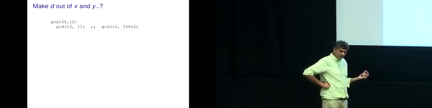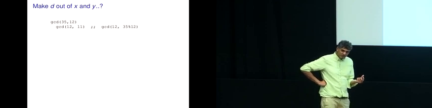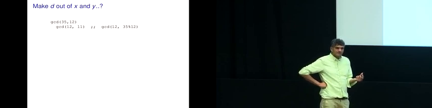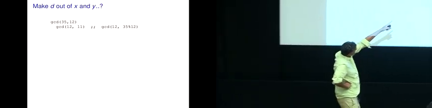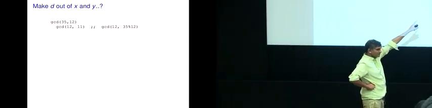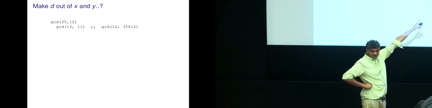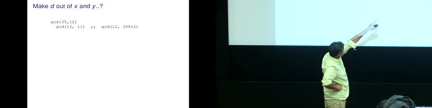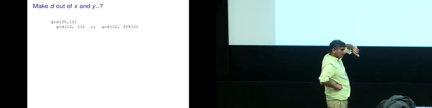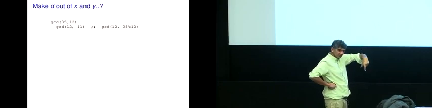Is 11 a sum of multiples of 12 and 35? It is by this process, right? You took 35 and you subtracted 12 a bunch of times. That's what that division does. That's what that remainder does. So this second argument is also a sum of multiples of 35 and 12.